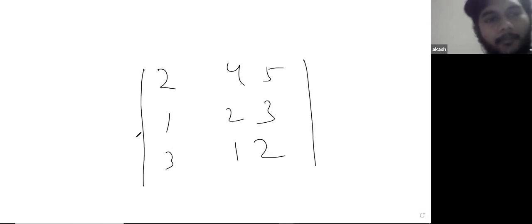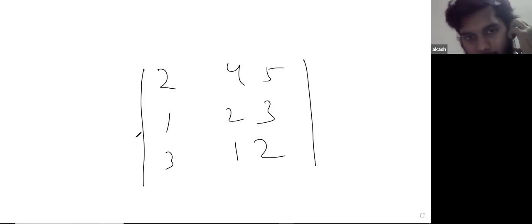So now we are going to calculate the value of the determinant of a square matrix of order 3 by 3: 2, 4, 5, 1, 2, 3, 3, 1, 2. Suppose this is a determinant. How to calculate the answer?